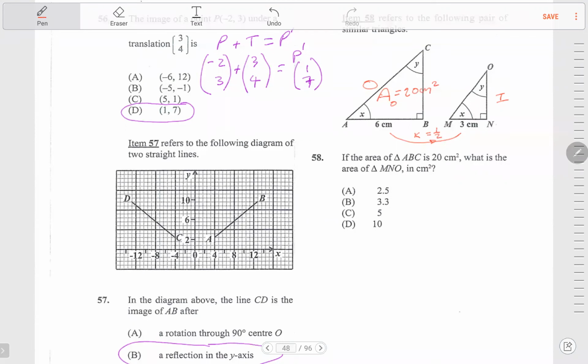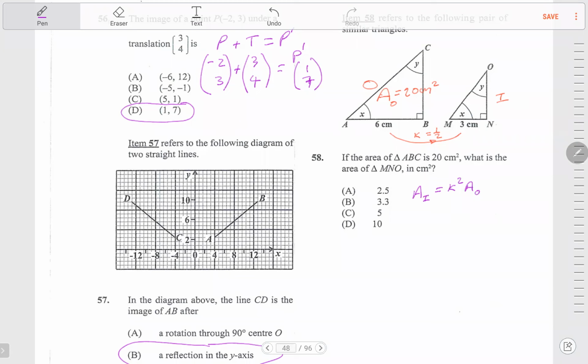Now the relationship between an object and its image, in terms of area after an enlargement, is that the area of the image is k squared times the area of the object. That's the relationship between the areas of two figures under an enlargement of scale factor k.